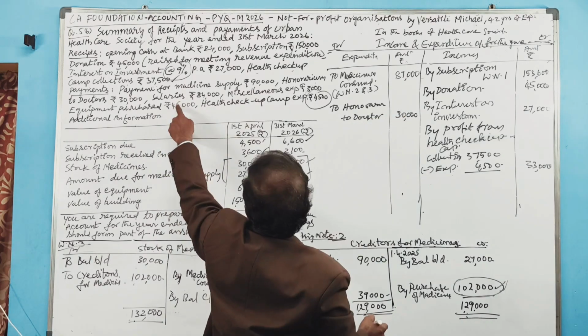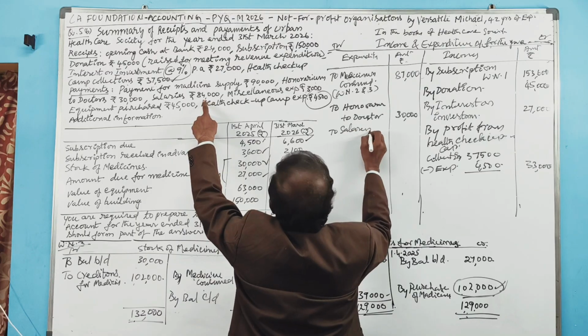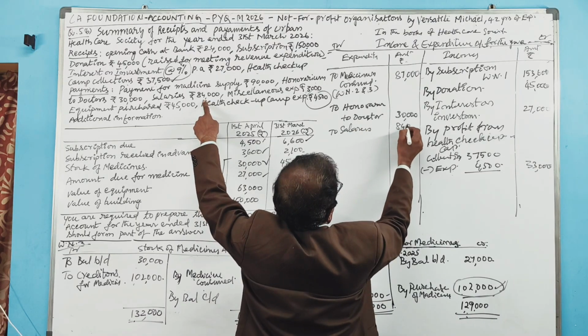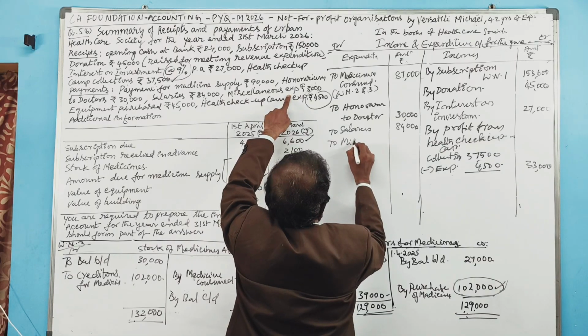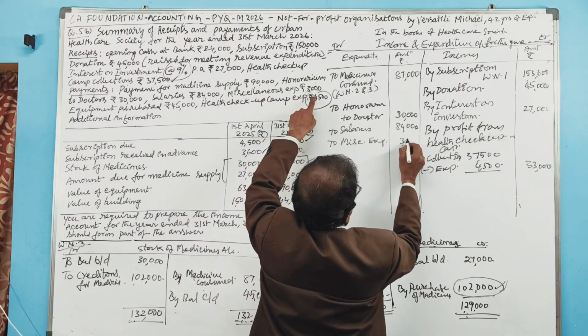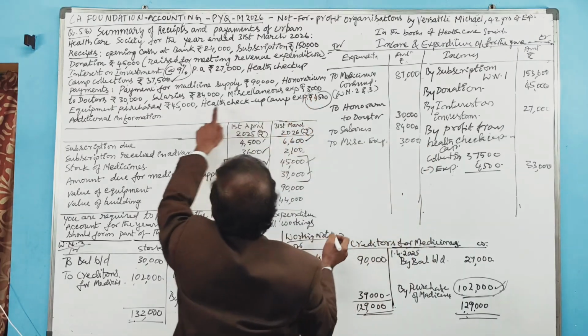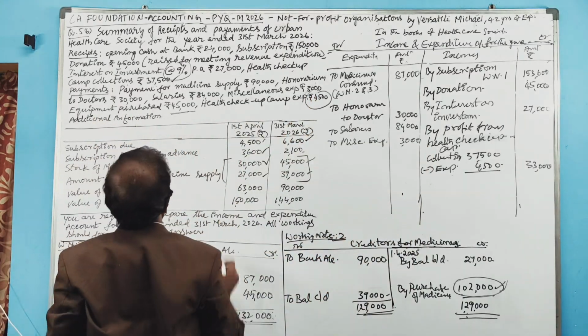Salaries, 84,000. Miscellaneous expenses, 3,000. These are all expenses. Equipment purchased 45,000.